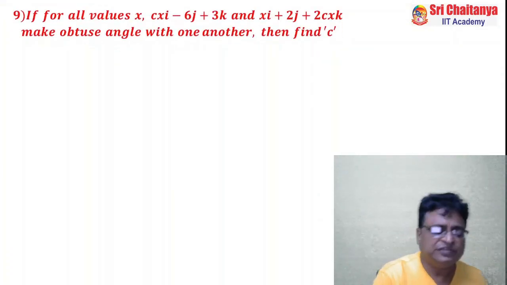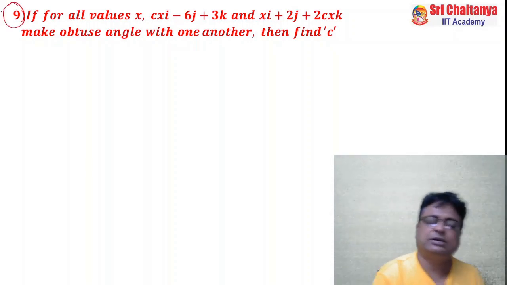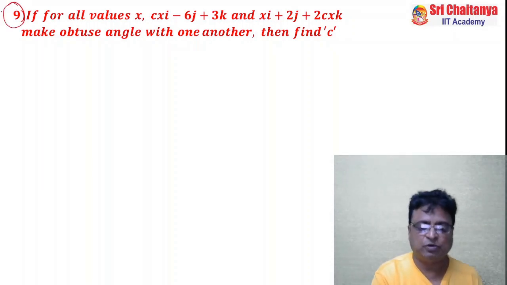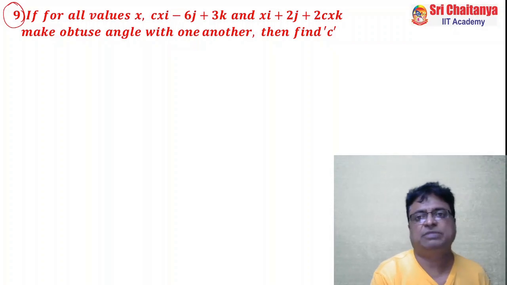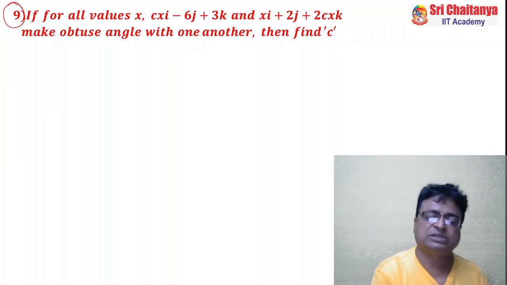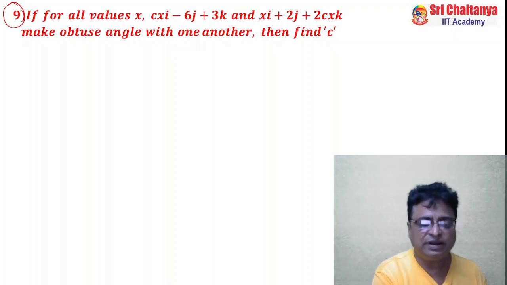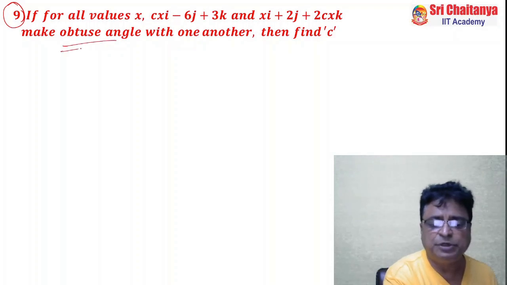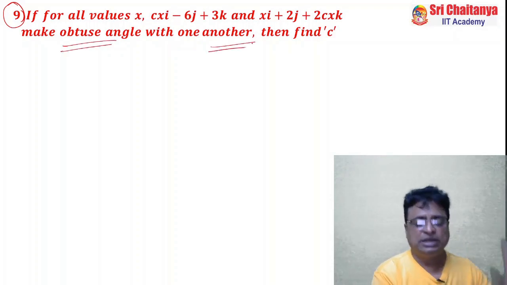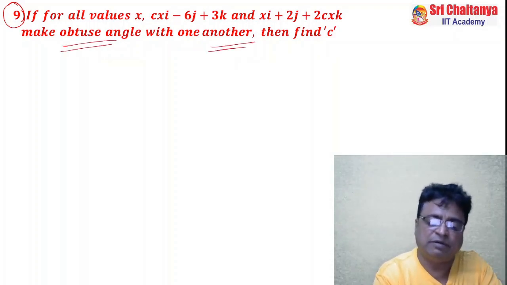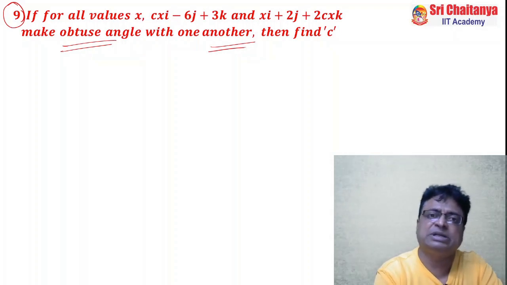Now coming to problem number 9. This is also one of the standard questions, and questions based on this model were repeated in the advanced examination. Even nowadays they are asking this kind of question in the mains examination also. What is given? Find all values of c at which these two vectors make an obtuse angle with one another. Simple. Just verify our previous lesson, number 7.